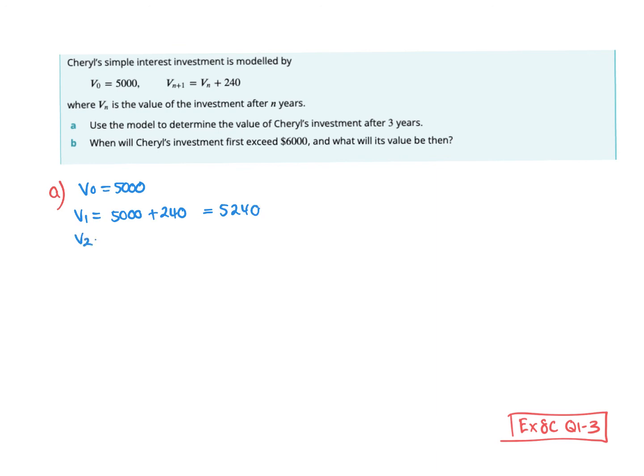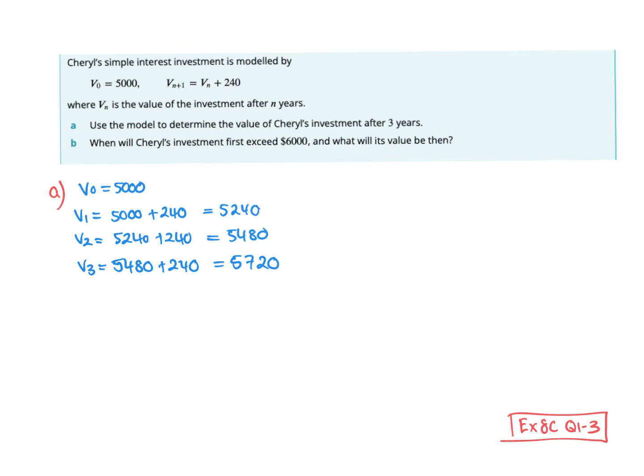Then we're going to get V2, which would be 5,240 add the 240, 5,480. Yeah. And then we need 3 years, so we need V3. So 5,480 plus 240, which is 5,720. Okay, that's what you have to show for that one.